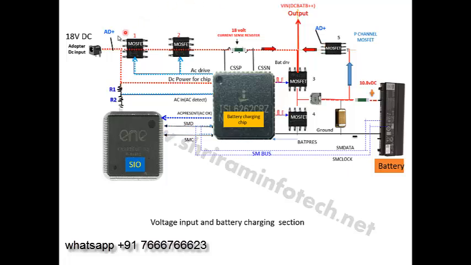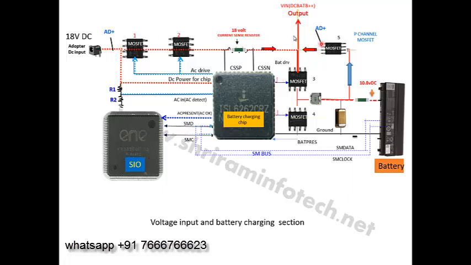So now suppose here is 18 volts and this 18 volt path is connected to here also. That means at that time this MOSFET is disconnected, it's an open circuit. And when I remove this adapter, here I will get 0 volts, and the same 0 volts is here also.